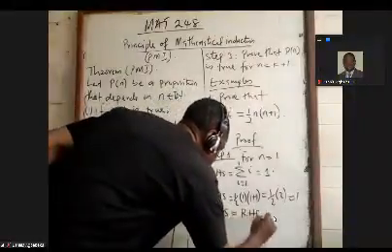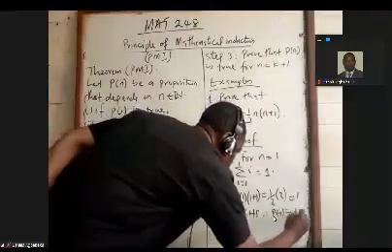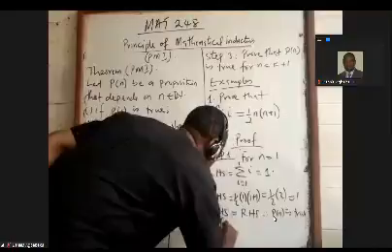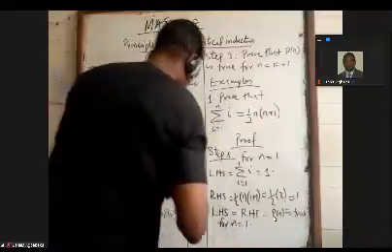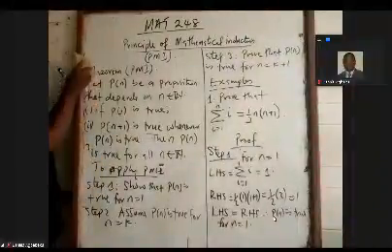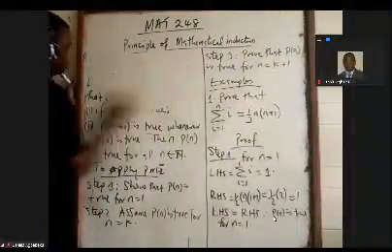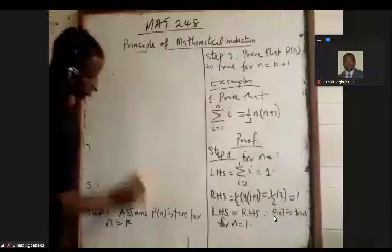Okay, now I come to step 2. Step 2 is an assumption. Suppose P of n is true for n equal to k.